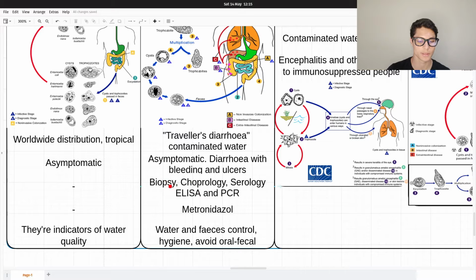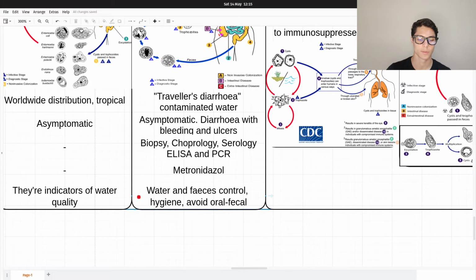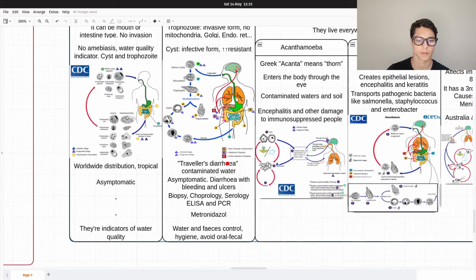The diagnosis is by biopsy, coprology, of course, serology using the ELISA type, and PCR. The treatment is metronidazole, the prophylaxis, water and feces control. If we control the feces and we do not mix them with the water, we will prevent this from happening, and of course hygiene, and avoid the oral-fecal contact.